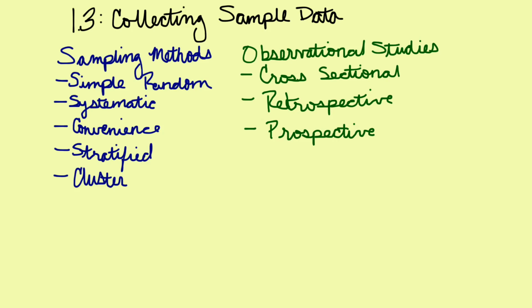Retrospective means you're going to be referencing the past, so you're taking a bunch of data sets and looking into what they did or did not do in the past period of time. And there's prospective, where you break the population into groups and you observe what they do in the future.